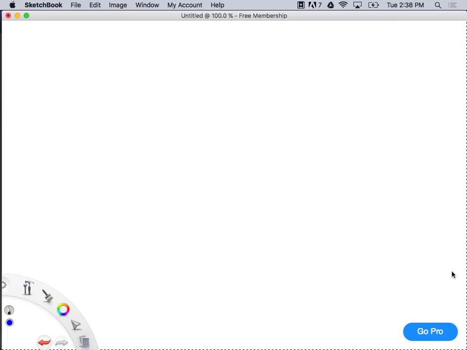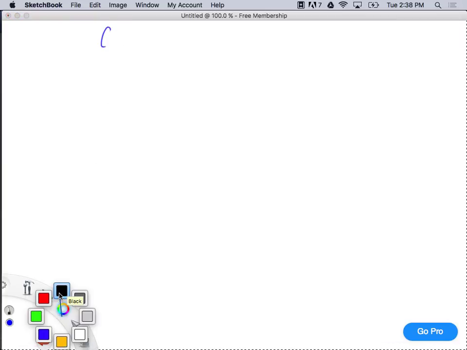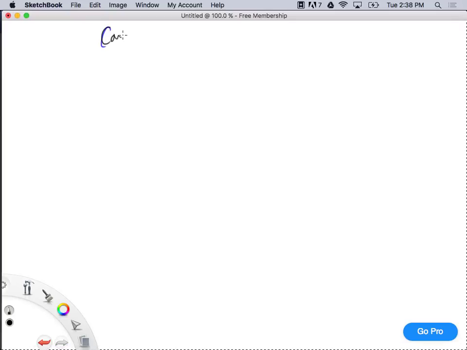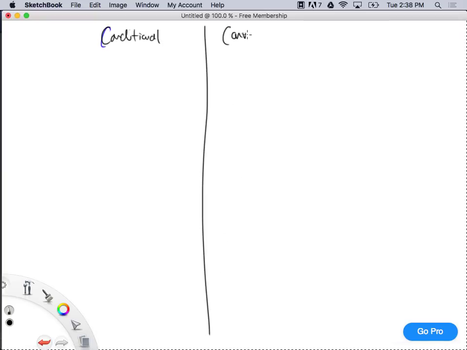This is the idea. Now guys, I want you to understand something. Let's create a table: the conditional statement and the converse.